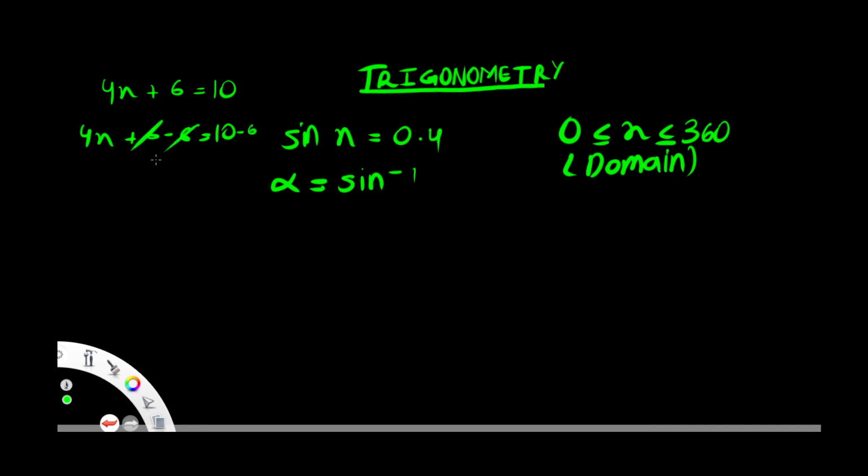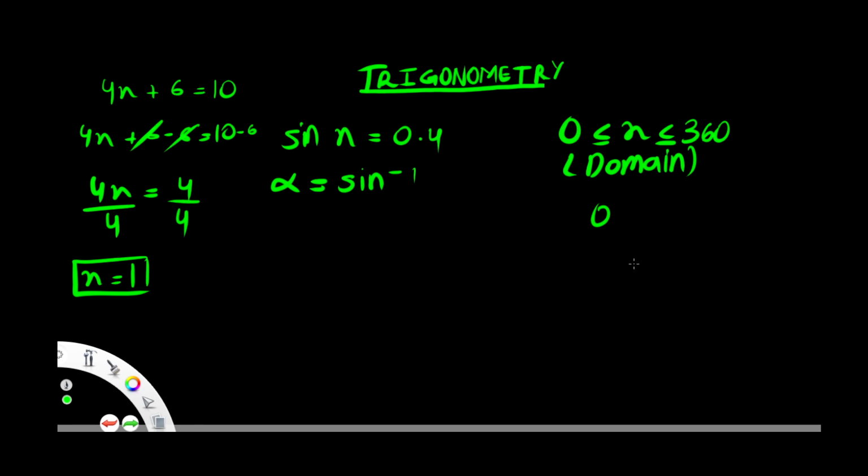This cancels out the plus 6 and minus 6, leaving us with 4. And similarly, we divide both sides by 4. So we are doing the same, but in sine we cannot divide by sine, so we cannot do 0.4 divided by sine.